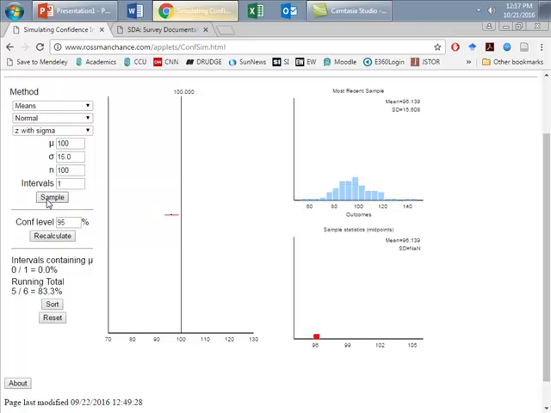Well, we should expect to see that in our 100 samples, 95 of them had a sample mean that was within our confidence interval. 97. That's pretty close.